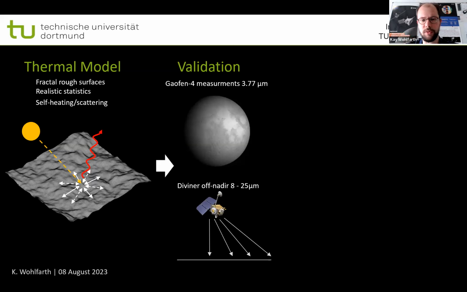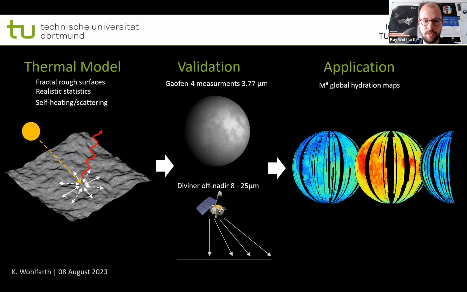And instead of observing the Earth's surface, it observed the moon and made really nice disk resolved measurements around 3.8 micrometers, so very close to the range of M cube or the upcoming Lunar Trailblazer instrument. And I validated it with Diviner nadir measurements in the range from 8 to 25 micrometers.